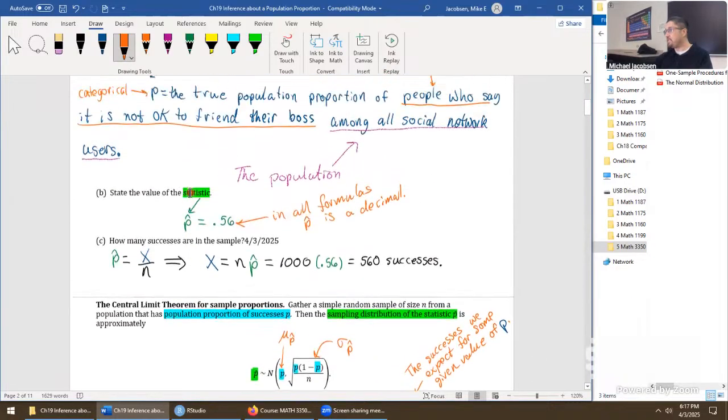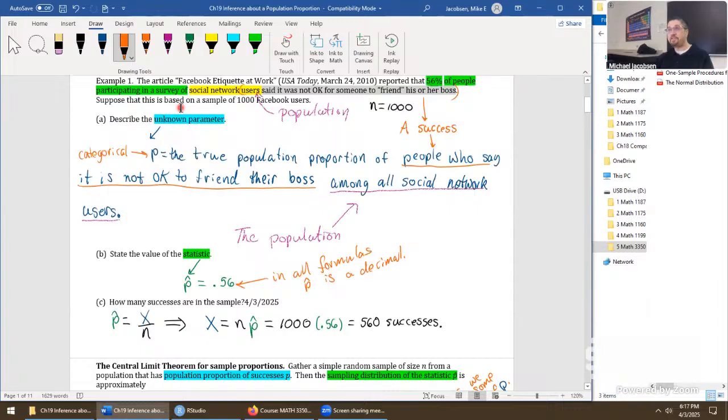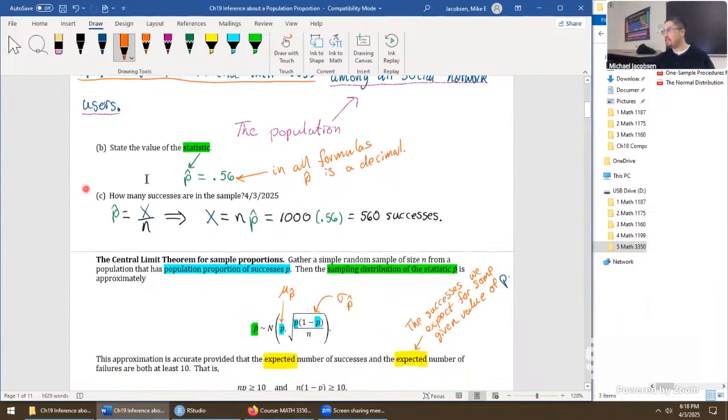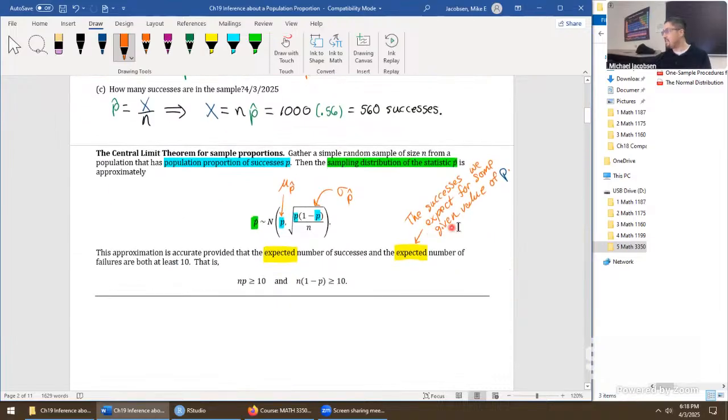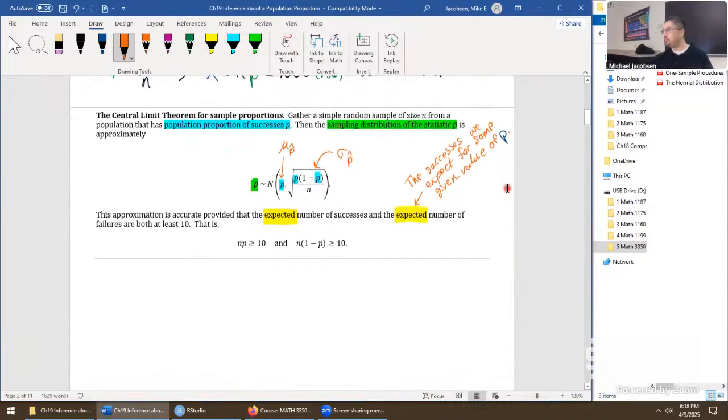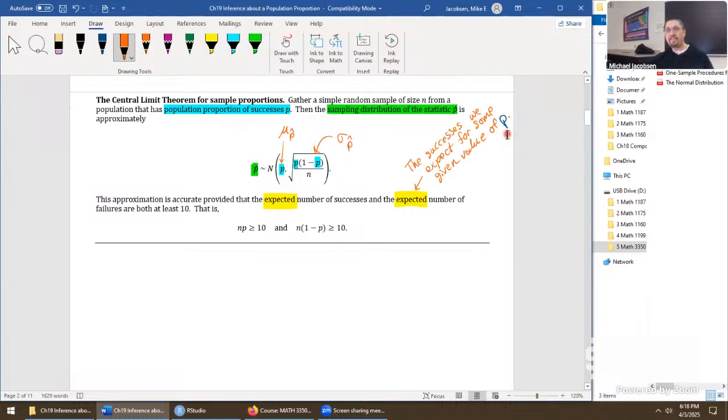In just the last problem, we said, describe the unknown parameter. It's not 56%. We have to describe it fully in words. It's the statistic that's 0.56. So how in this problem, if we're doing the central limit theorem, are we giving a value for P? It's kind of vague. Well, there's two ways this happens.